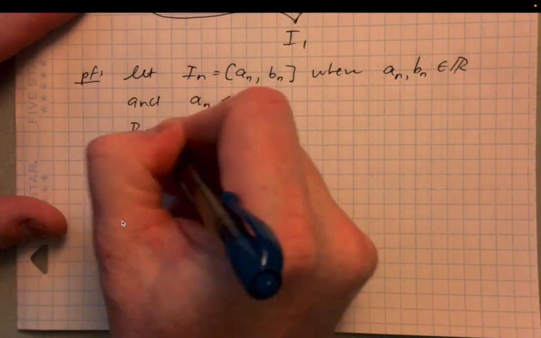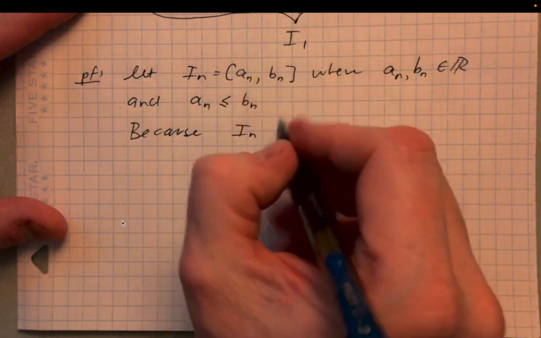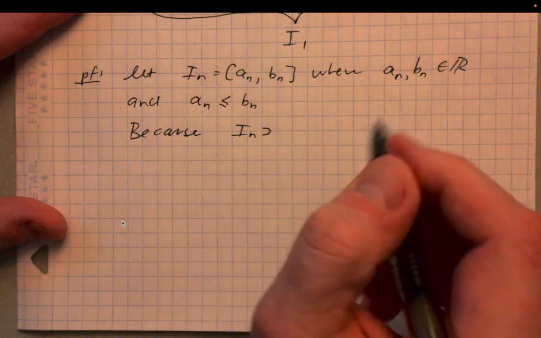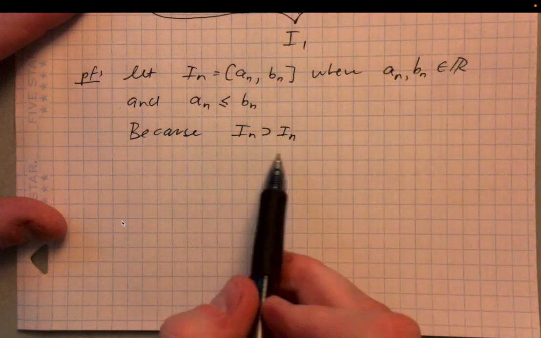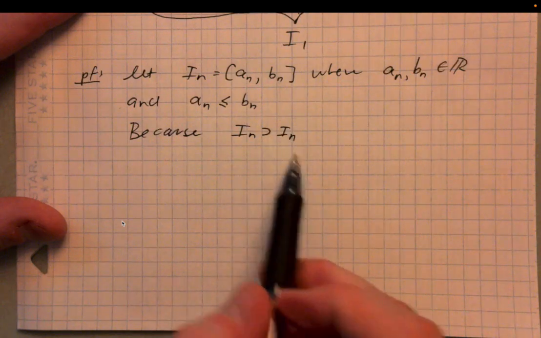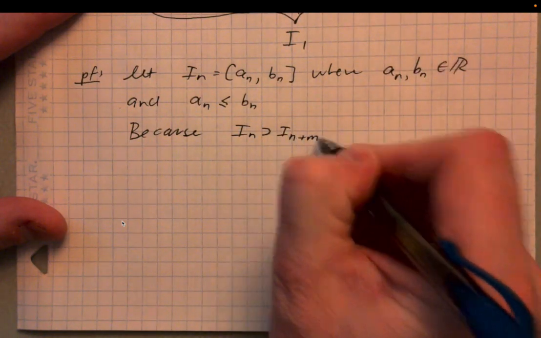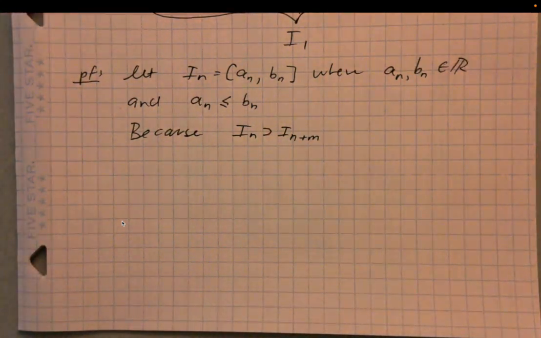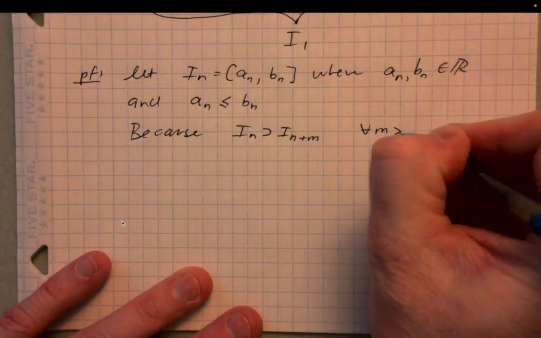Then, because I sub n is going to contain the interval with a larger index, we'll just call it I sub n plus m. They don't have to be successive necessarily. So I sub n plus m is contained in I sub n, and this is for all m greater than or equal to 0.